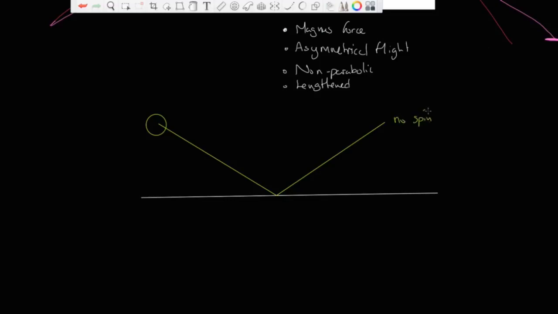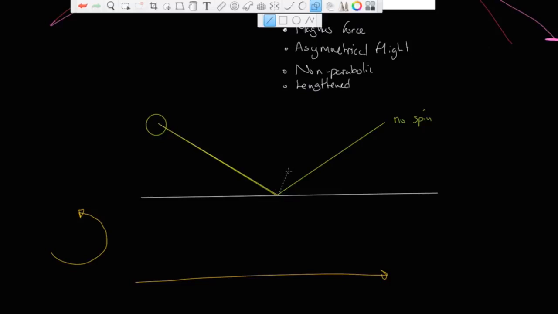Now, if we hit the ball with backspin, which means the ball is rotating in that direction, with the ball traveling to the right across the screen, this time the ball is going to come in, let's assume, at roughly the same angle.